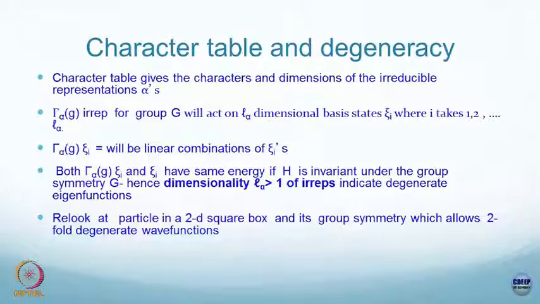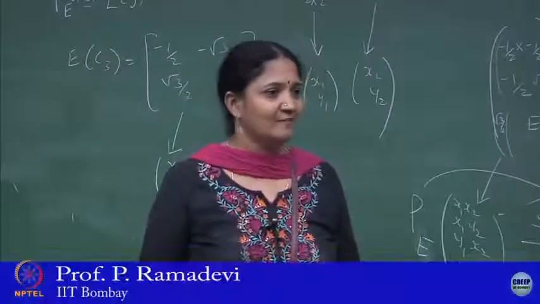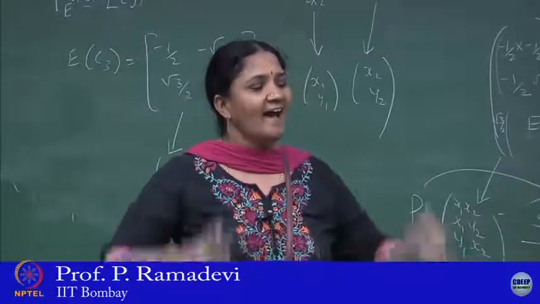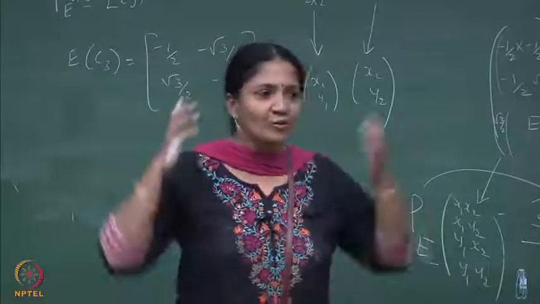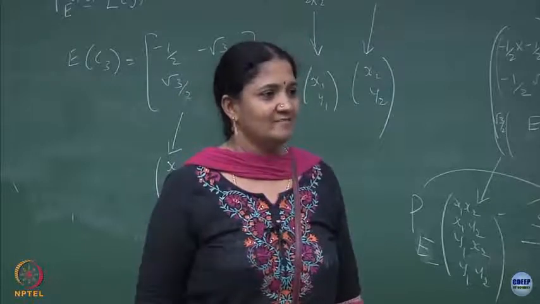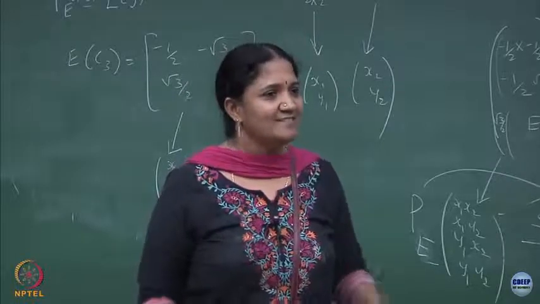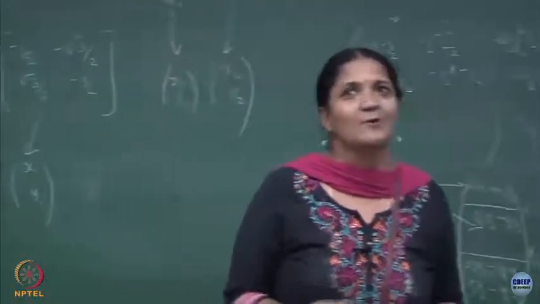That is why you start getting degenerate states for the 2D harmonic oscillator or 2D particle in a box, but not for a 1D harmonic oscillator. The 1D harmonic oscillator has to be non-degenerate because the irreps of the character table are only one-dimensional. You cannot get degenerate energy eigenstates. Is this clear? Okay. So, let me stop here.